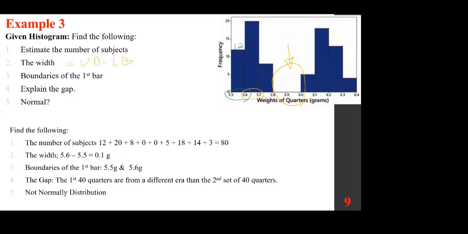The width, as I mentioned, is 5.6 minus 5.5. And the boundaries are given for the first one. There is a gap, and that means there are two different groups, from two different eras. The first set is 40, the second set is also 40, but two different eras. You can look them up, and clearly it's not normally distributed.